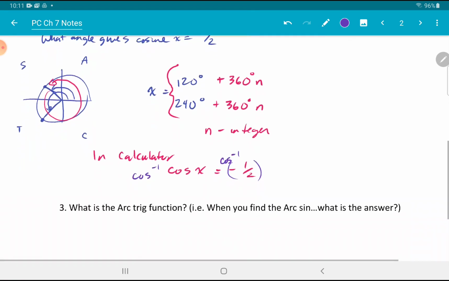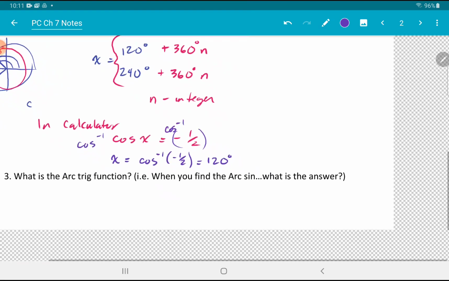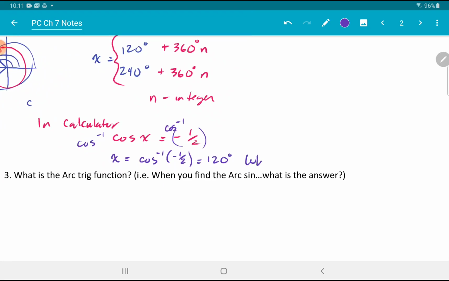We ended up getting that x is equal to cosine inverse of negative half, but in the calculator, that gave us a value of only 120 degrees. So then the question becomes, why does the calculator only give one answer? That'd be a good question to try to answer.